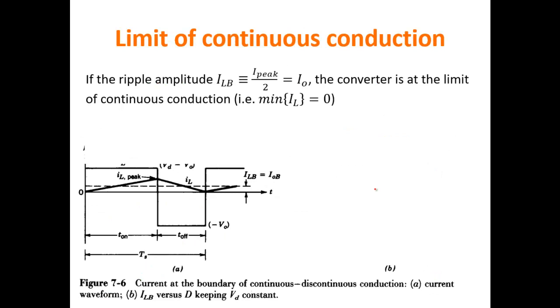The plot is exactly the one as before; the only difference is that now the minimum of the current is exactly 0. Let's consider what happens at the limit, just in order to know what the limit is, and then we need to understand what happens when we go below the limit.